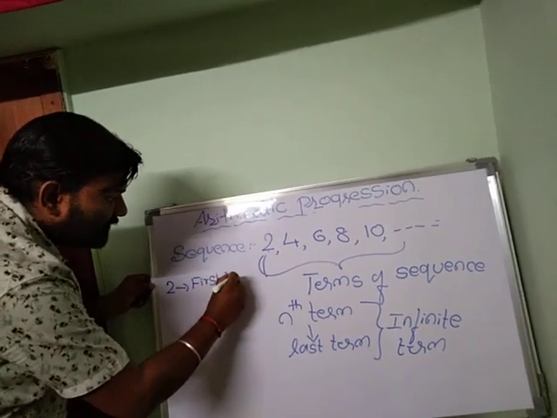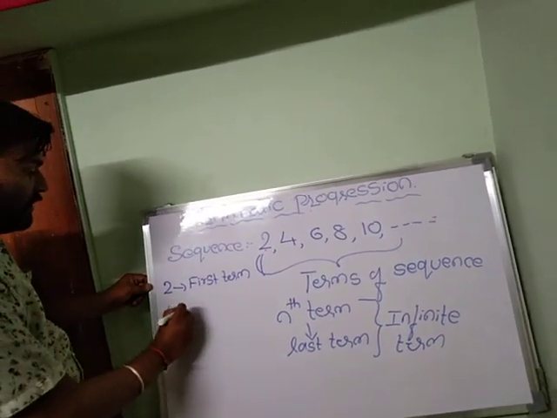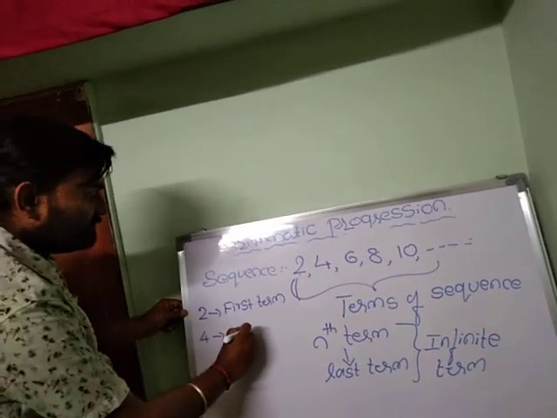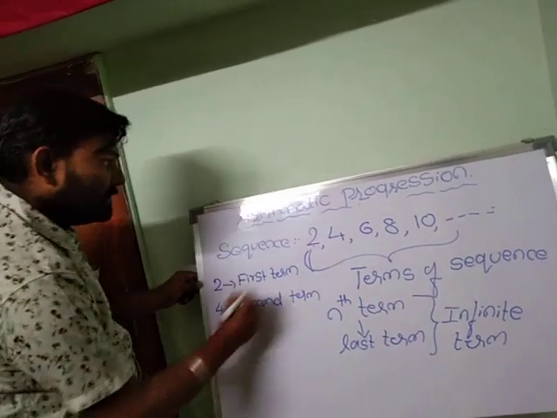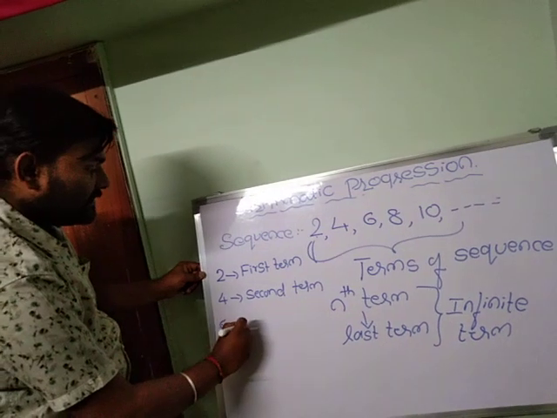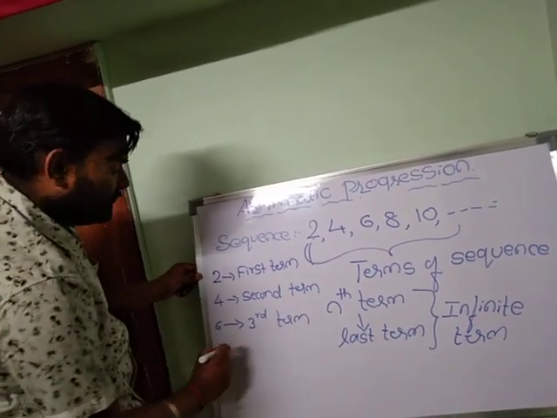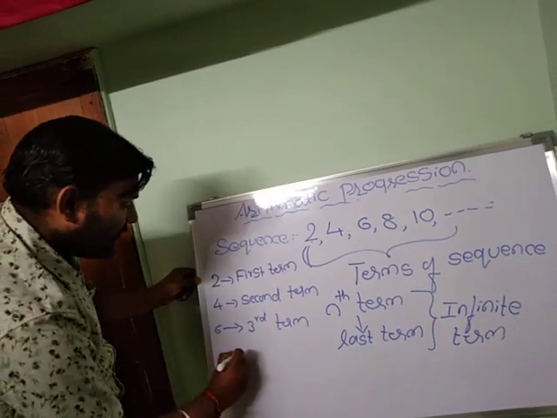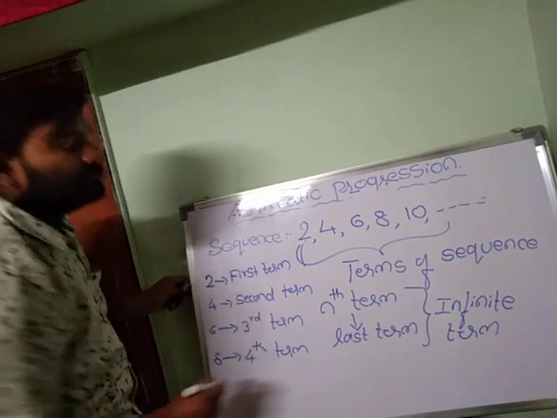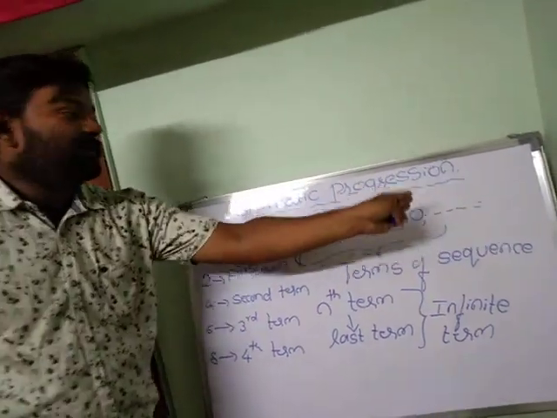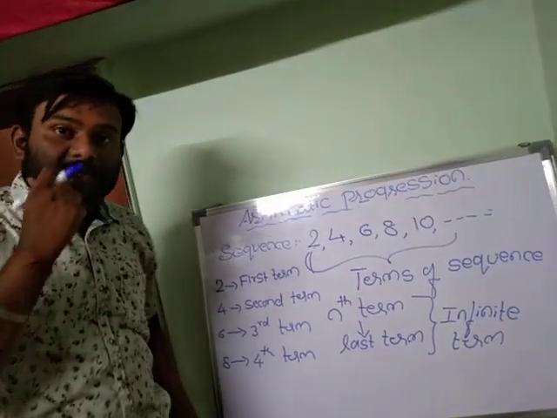This is very important. 4 is called the second term. 6 is called the third term, and it continues. 8 is called the fourth term. 10 is called the fifth term, and the next numbers are called the sixth term, seventh term, eighth term, ninth term, and it continues.